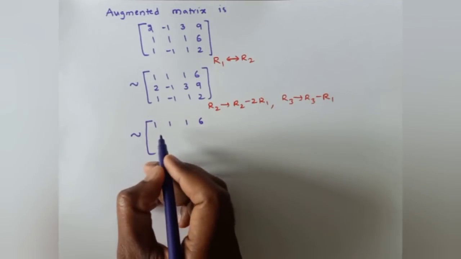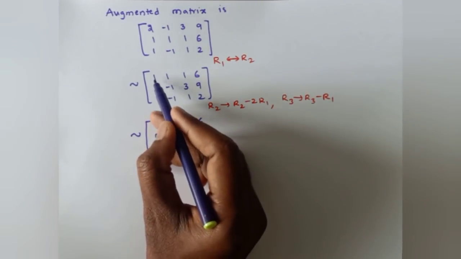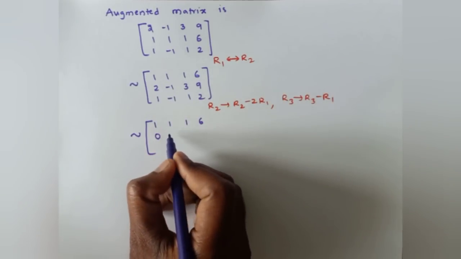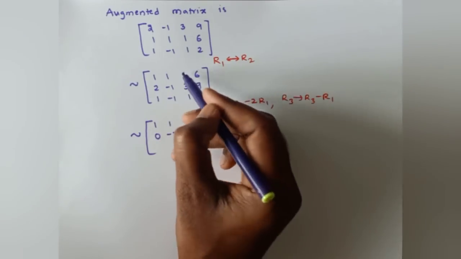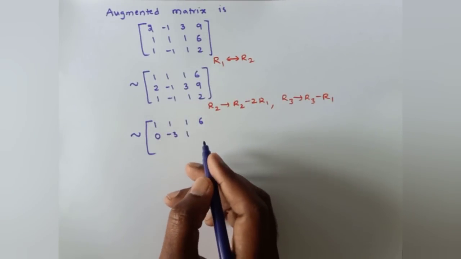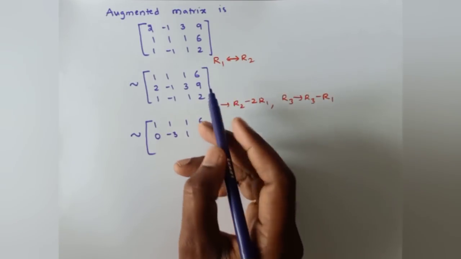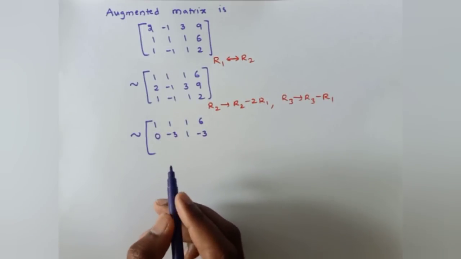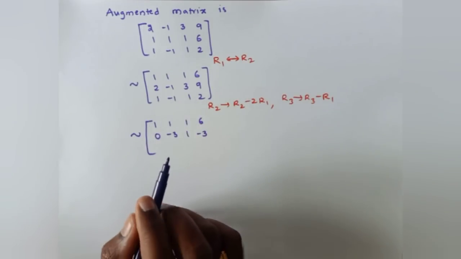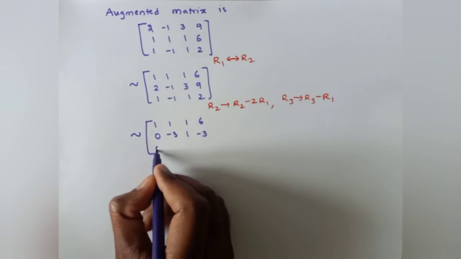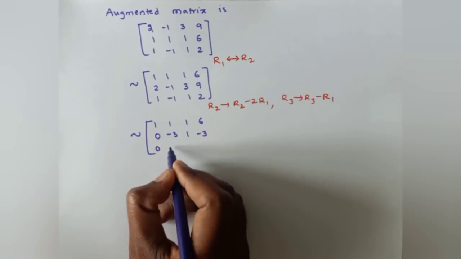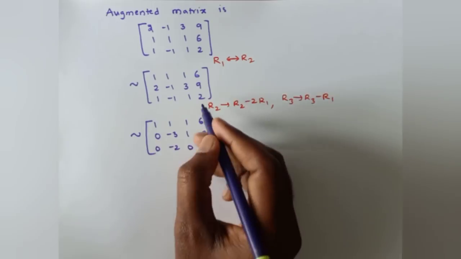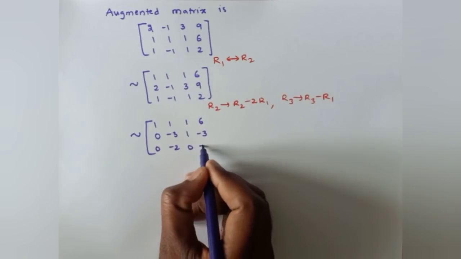This is 0, since 2 minus 2 is 0, minus 1 minus 2 is minus 3, 3 minus 2 is 1, and 9 minus 6 into 2, that is 9 minus 12, which is minus 3. Next on applying to row 3, it is 1 minus 1 is 0, minus 1 minus 1 is minus 2, 1 minus 1 is 0, 2 minus 6 is minus 4.